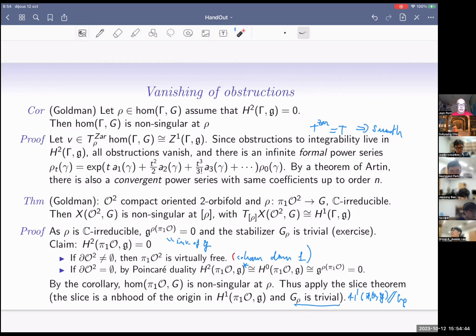Essentially, this is a very nice paper. He proved more things, but you have a proof of this by Goldman in 1985. Well, he doesn't need the full power of the slice theorem because he writes this very explicitly. But I recommend you go to that paper because he's explaining all these kinds of things.